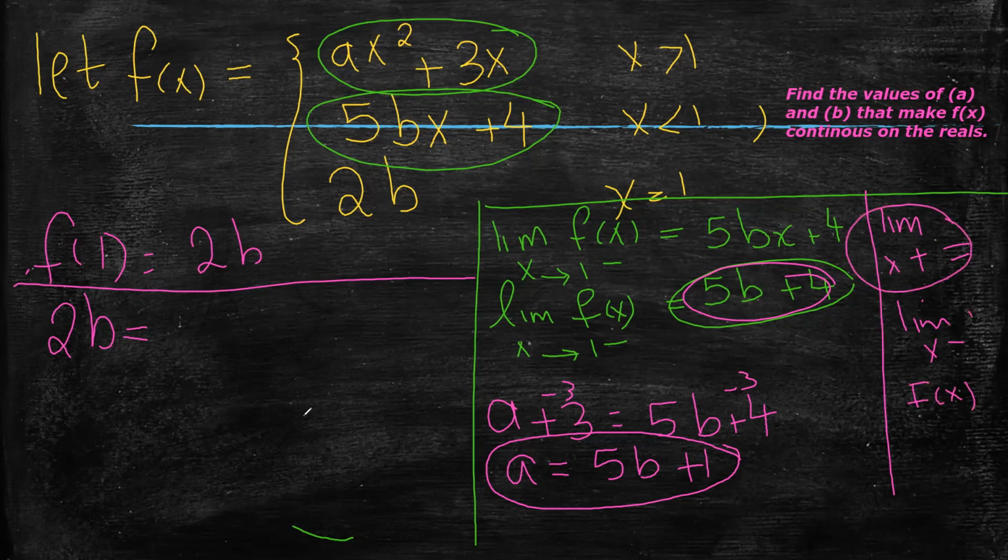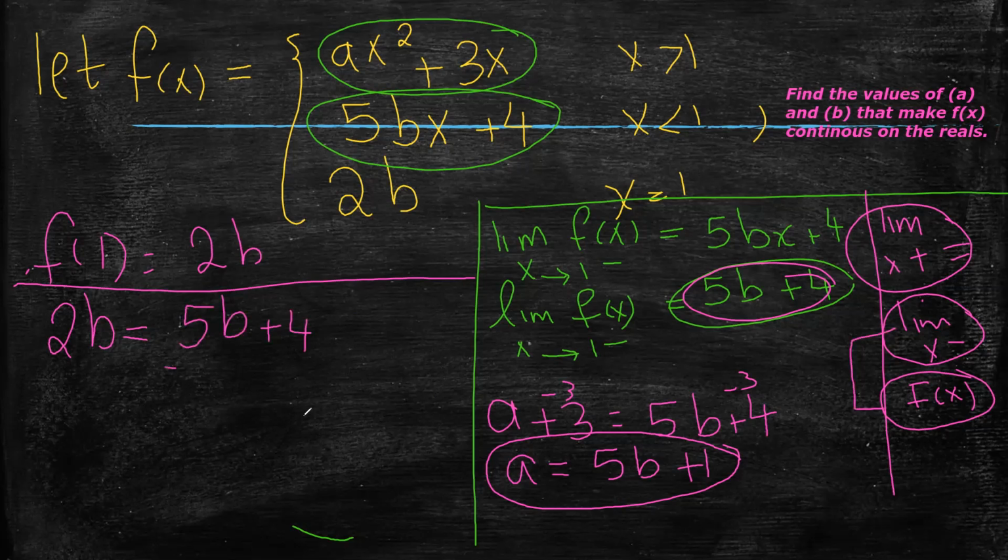All of them have the same value. So 2b, I can say it's equal to 5b plus 4. Do you understand why I can say the function is equal to the limit from the left? Because the three of them are equal. Yes, so I can use this one and this one.